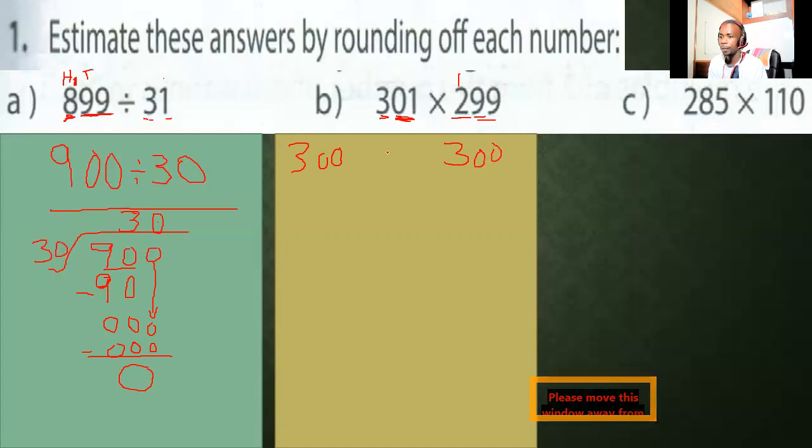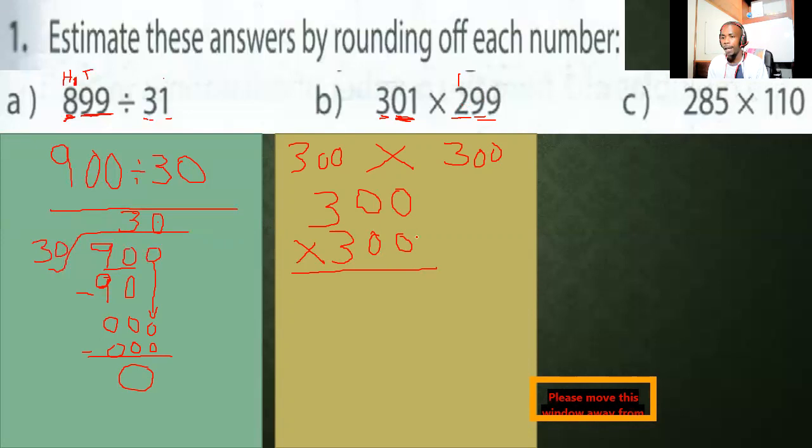So it means I'm multiplying 300 and 300. Okay, let's do that. 300 and 300. Right, we are multiplying.